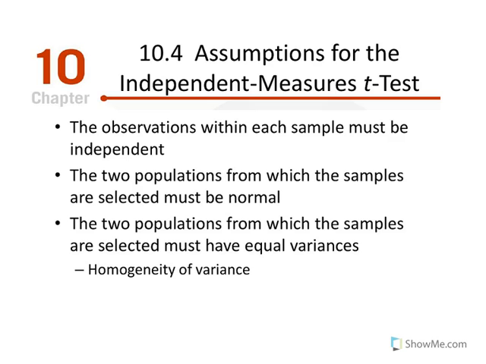So again, I will restate that the homogeneity of variance assumption states that we assume the variances of the populations are equal, and as a result, the sample variances should be very similar.